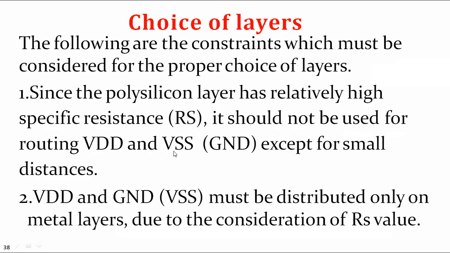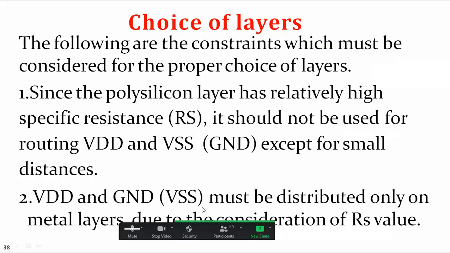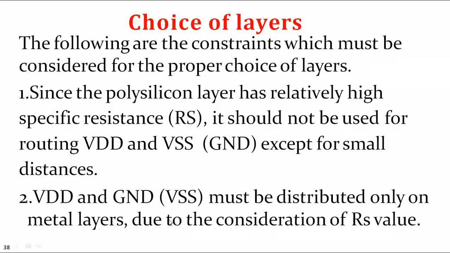For routing VDD and VSS, we should use the metal layer, because metal layers have low sheet resistance. VDD and ground, VSS, must be distributed only on metal layer due to the constant sheet resistance.